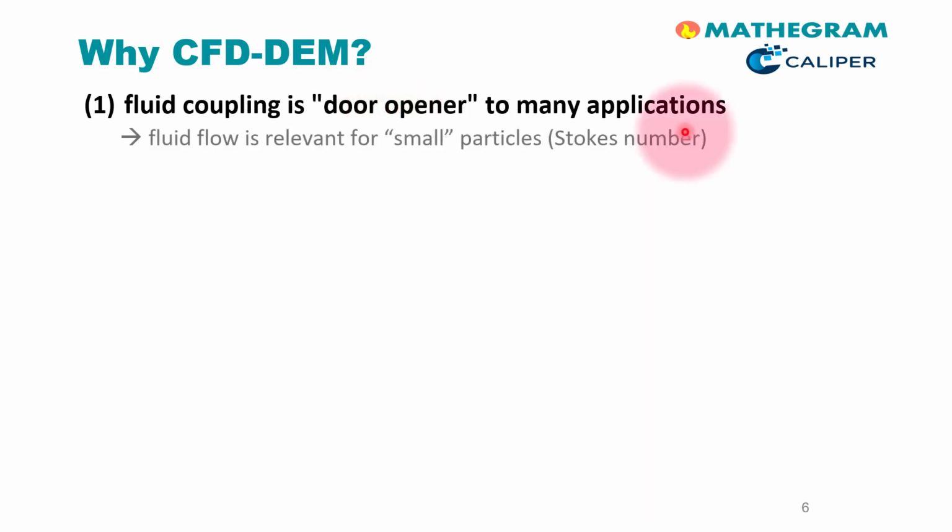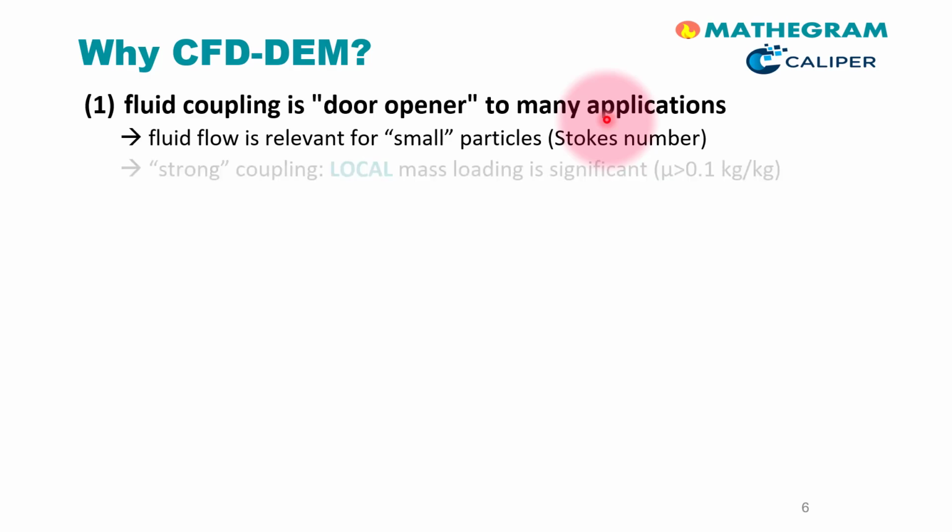Such applications often include small particles, meaning that the key dimensionless number in a fluid particle flow, the Stokes number, is below a critical limit. We will see later that the Stokes number also should not be too small, otherwise particles would perfectly follow the fluid and there is simply no need for a two-phase simulation.